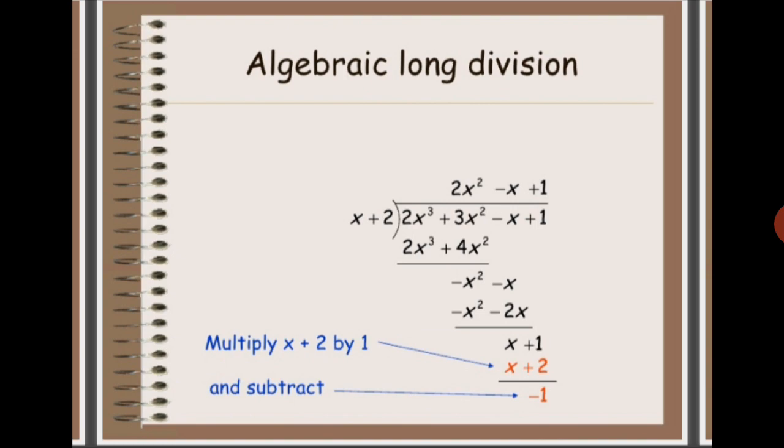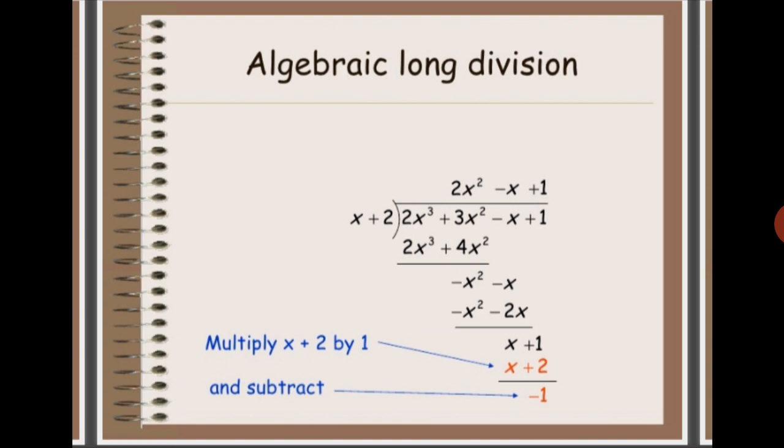Now children, you have to compare the degree of the divisor and the one which you have got as the remainder. Here the degree of the divisor is more than the degree of the remainder. What is the degree of the divisor? It is 1. And what is the degree of the remainder? It is 0.